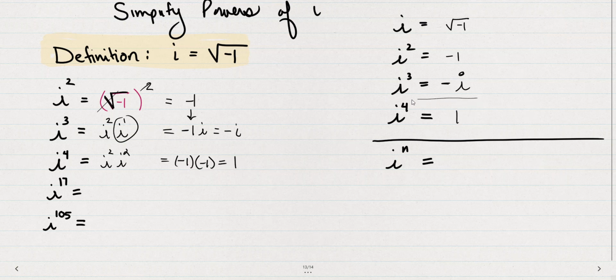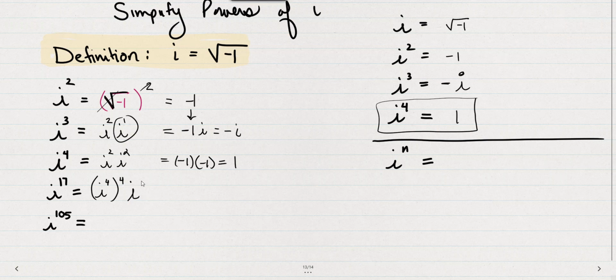Now this i to the fourth is the powerful one, because whenever we're simplifying bigger powers, we can pull those i to the fourths out. So when we look at this i to the 17th, we're thinking how many i's can I remove as powers of 4? If I had 4 groups of 4, that'd be 16.